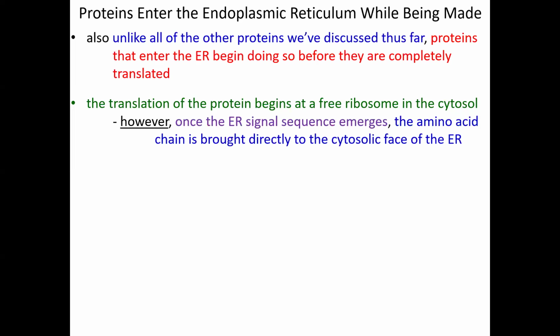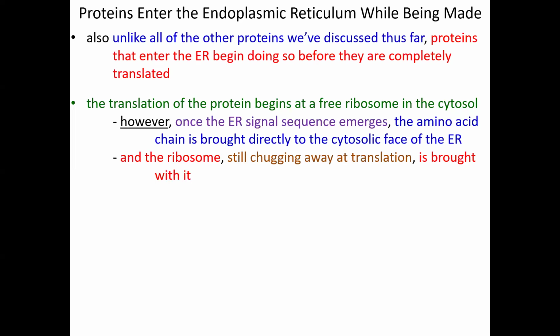However, because the ER signaling sequence is on the amino terminus, that's the first set of amino acids that emerges out of the ribosome. So once that ER signaling sequence emerges from the ribosome, that targets that protein for the ER, and all of the rest of translation occurs at the ER.